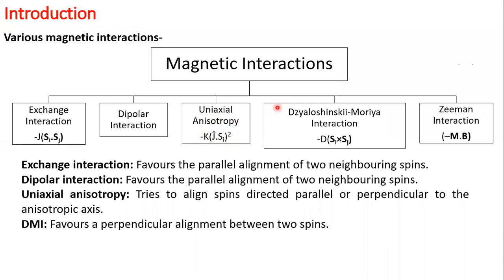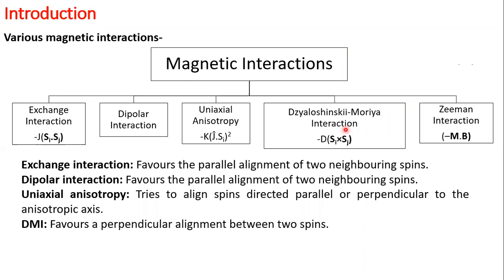The fourth one is the Dzyaloshinskii-Moriya interaction, or DMI. I will call it DMI. You can see that this is a cross product term, that is S_i vector cross S_j vector. The Dzyaloshinskii-Moriya interaction term originates in a system due to the breaking of inversion symmetry. When you have inversion symmetry, the environment at plus R vector will be exactly equal to that at minus R vector.